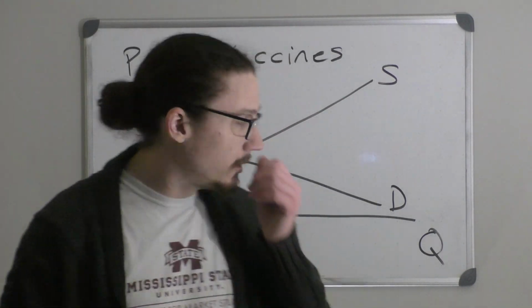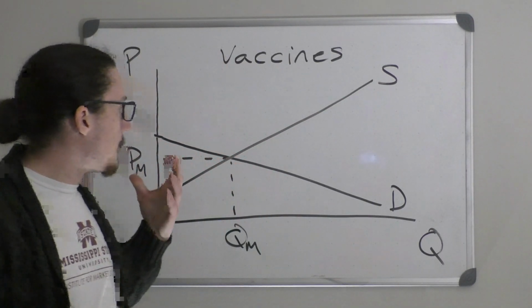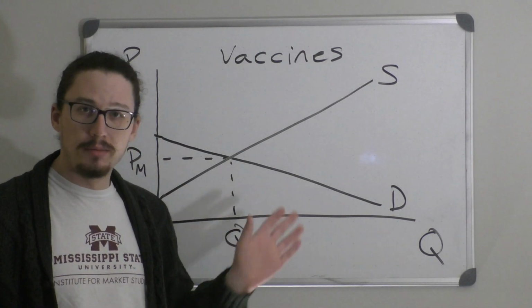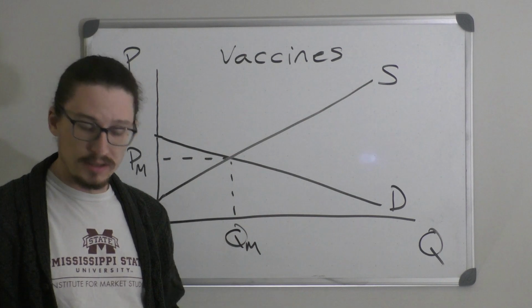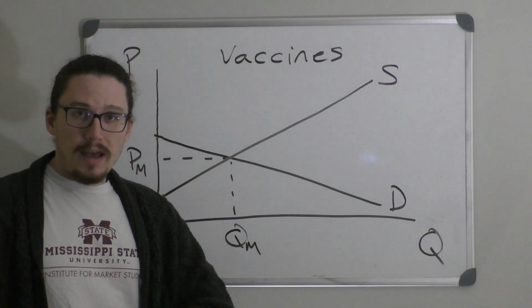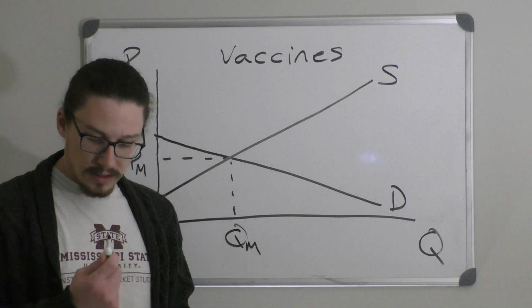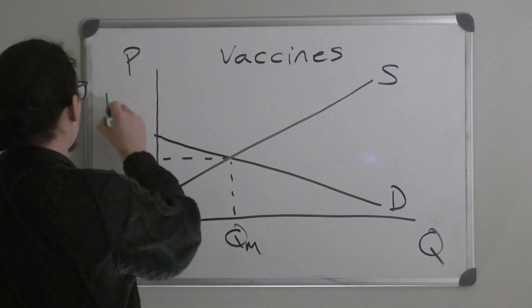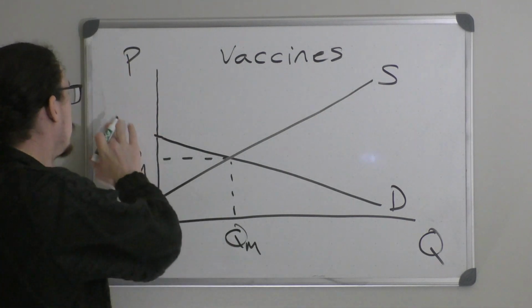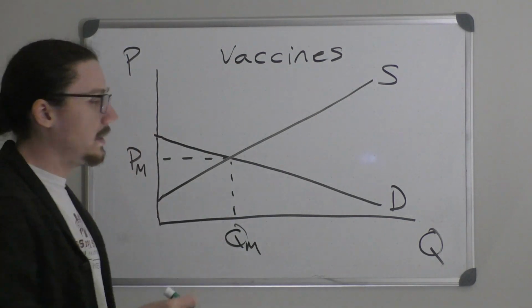So we've got a QM, PM, those are our equilibrium price and quantity. And so these are just taking private benefits into account.